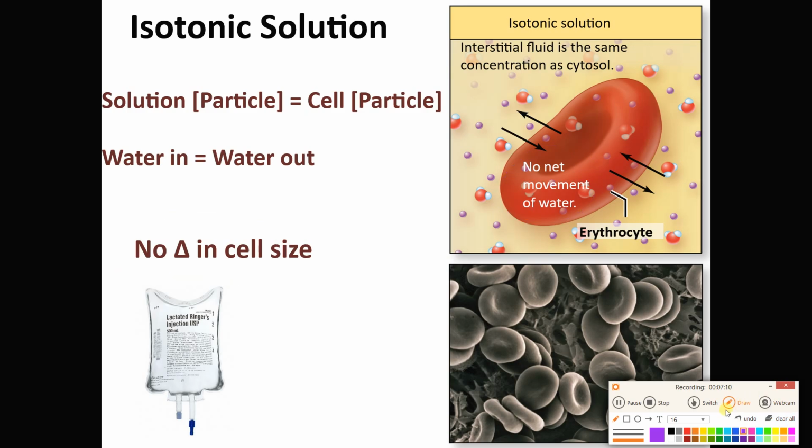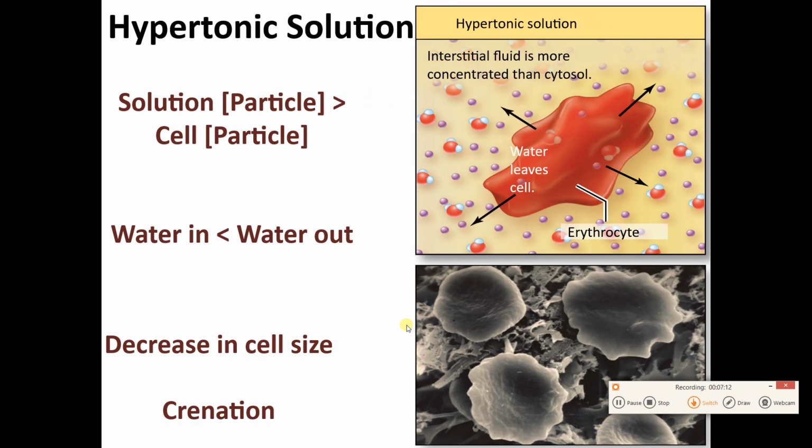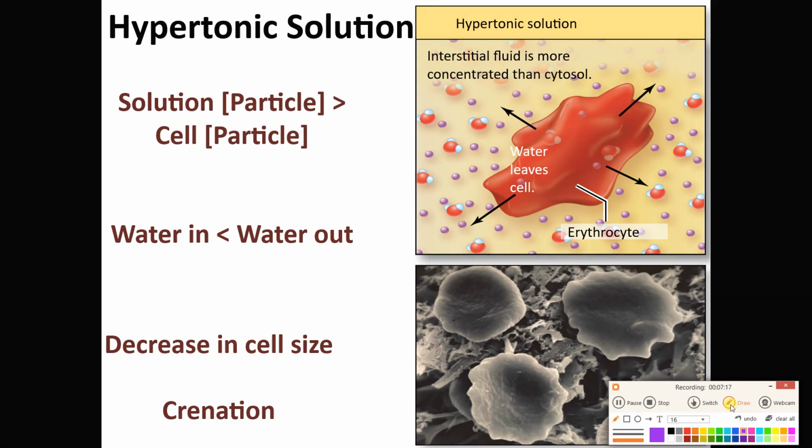Okay, now let's talk about a solution that is hypertonic. A hypertonic solution is a solution where the particle concentration is greater than the cell concentration. So now there are more particles outside the cell than inside the cell.